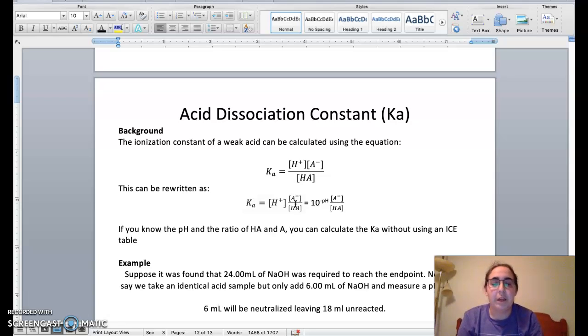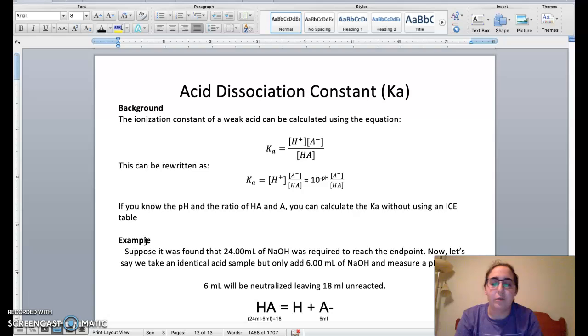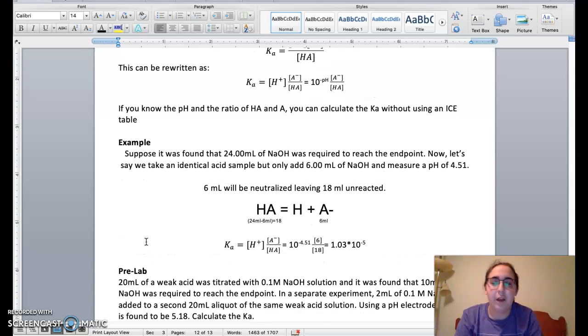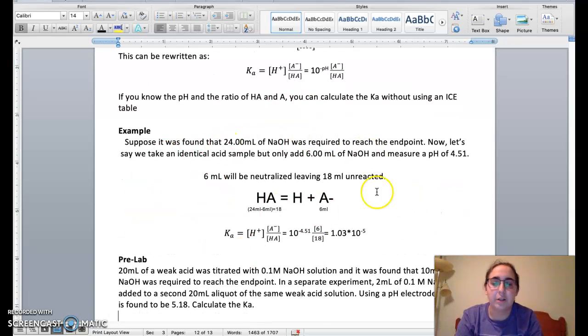So if you know the pH and you know that ratio, you can find the acid dissociation constant without using an ice table, which generally I think will make them happy because I haven't found a lot of deep lovers of the ice table.